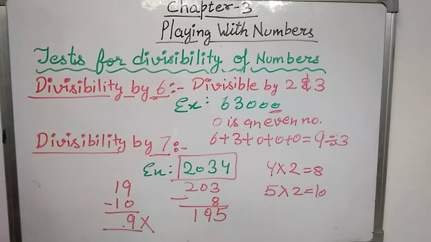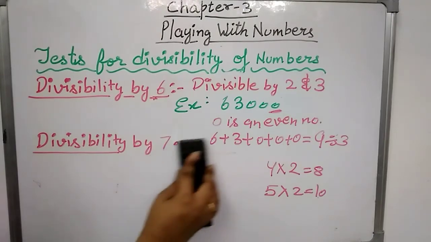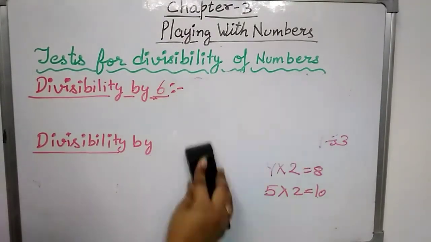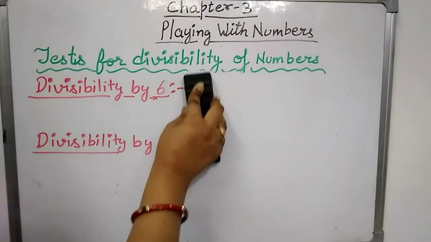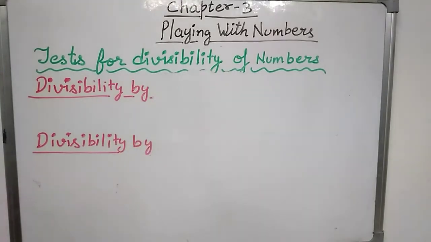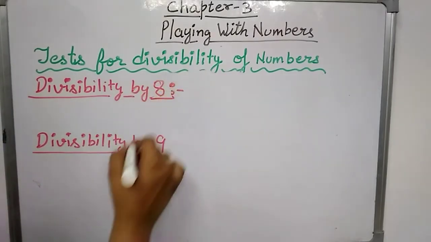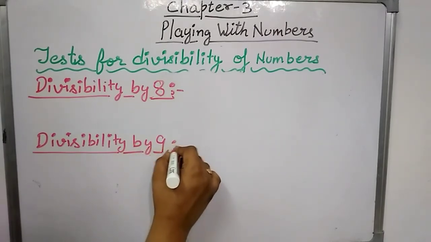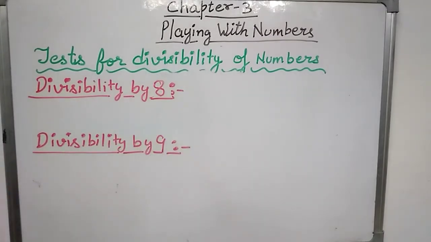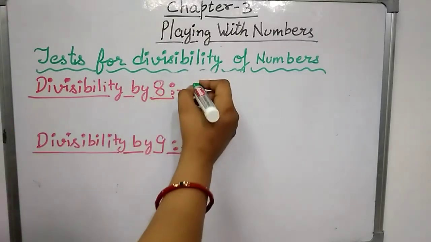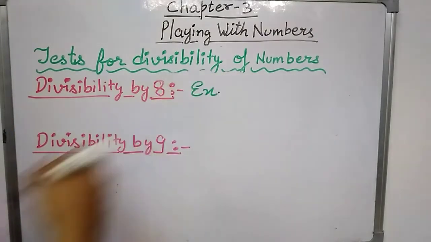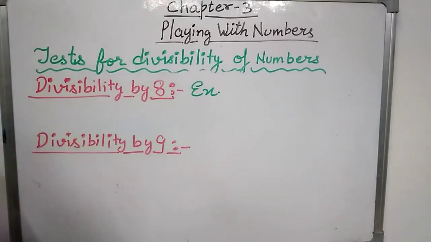Next is divisibility by number 8 and number 9. Test for divisibility by number 8 is last 3 digits.